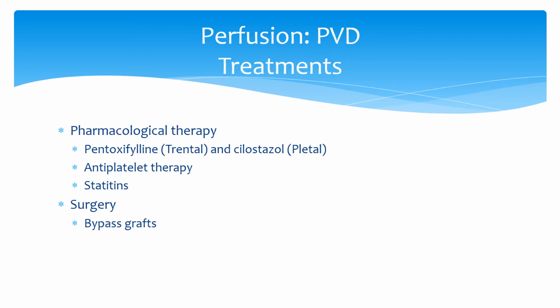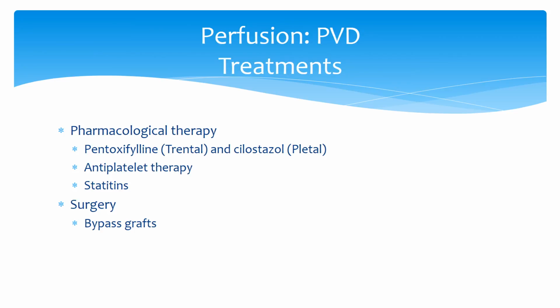So these are just some examples of medications and treatments. There are some treatments that we do to help with PAD, peripheral artery disease. We do antiplatelet therapy because we want to make sure that there's no stasis of the blood, because then we're looking at clots. Statins help enhance the perfusion, and the Trental and the Pletal help with the intermittent claudication.